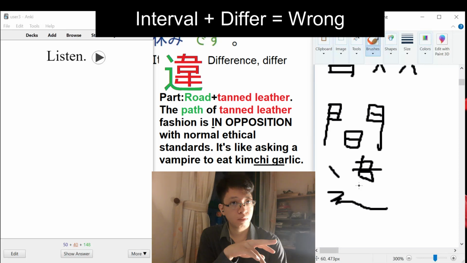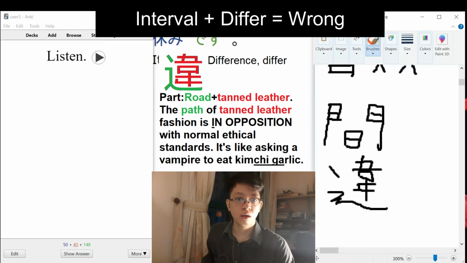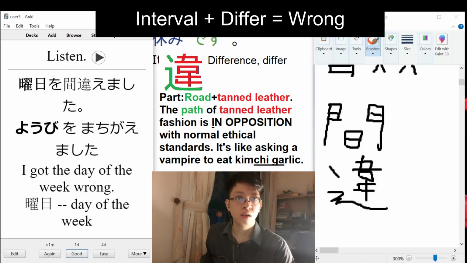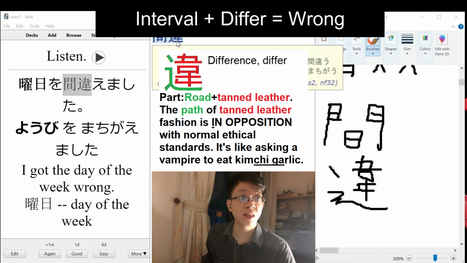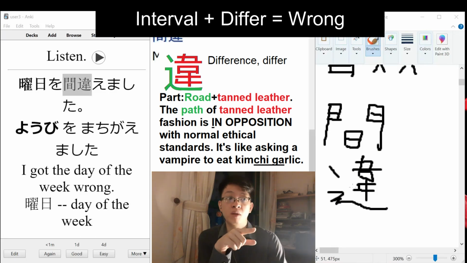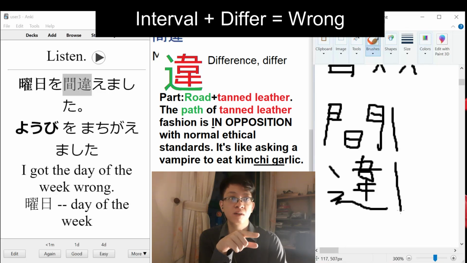And then it's like this. Yeah, okay. Again, I think there's a small disparity in the writing between the font, but yeah. So this one mean time, this one mean to differ or to be wrong. And we have on the road we have a tanded letter.